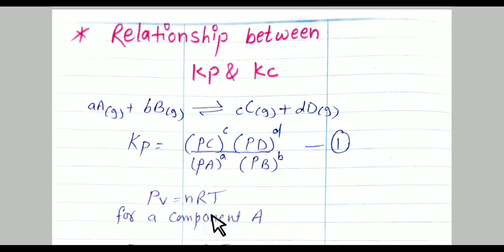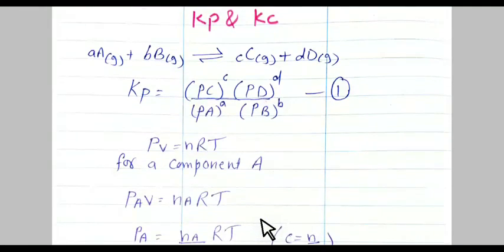We have 4 components A, B, C and D. First we apply the ideal gas equation to component A. For component A we get PAV is equal to nART.